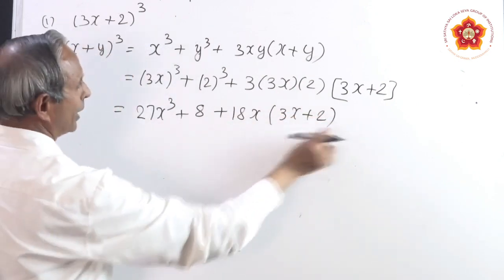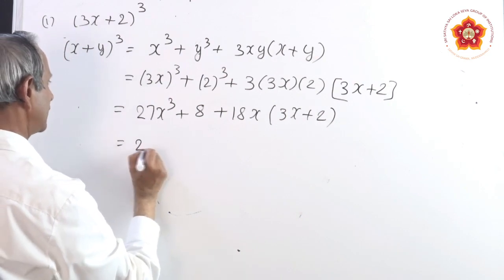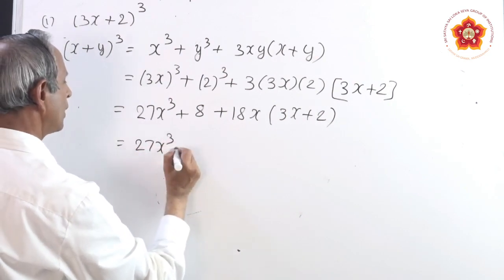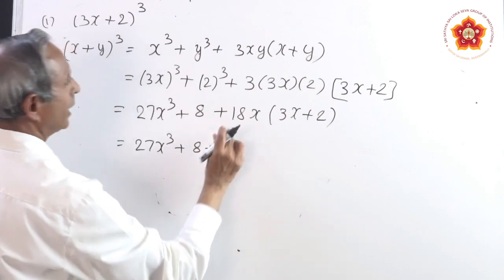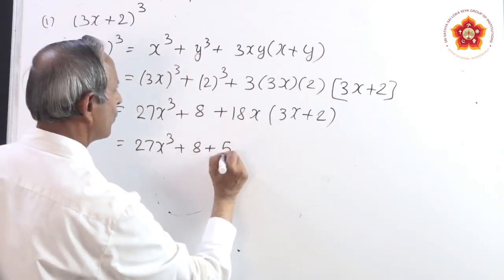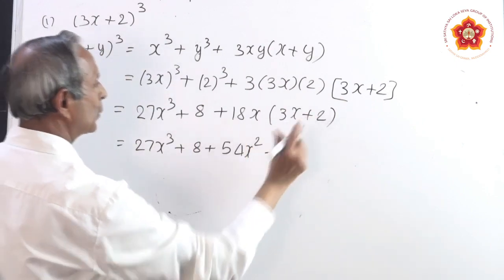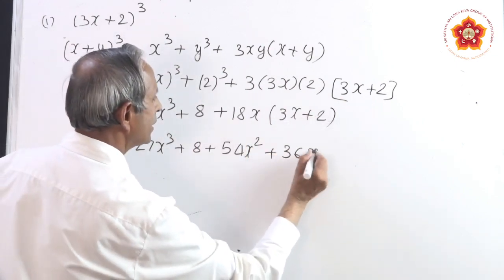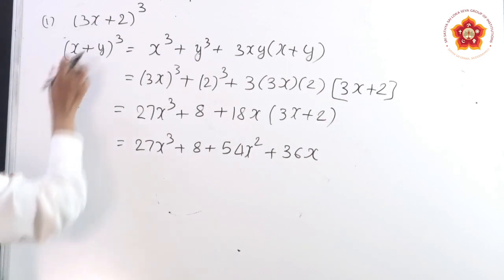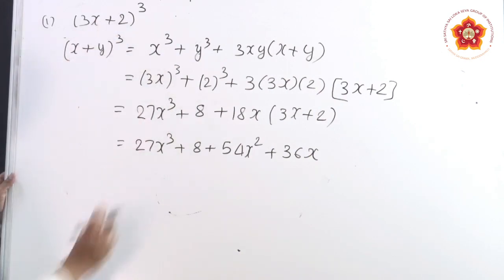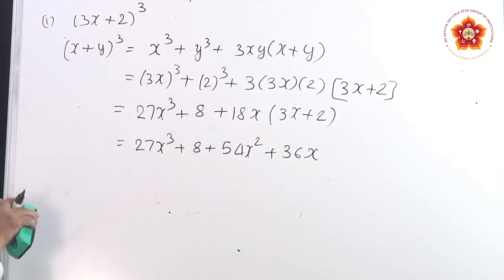Further you can remove the bracket here. All other terms write as it is, 27x cube plus 8 plus 18 into 3, 54x square plus 18 into 2, 36x. This is the cube of the given polynomial.